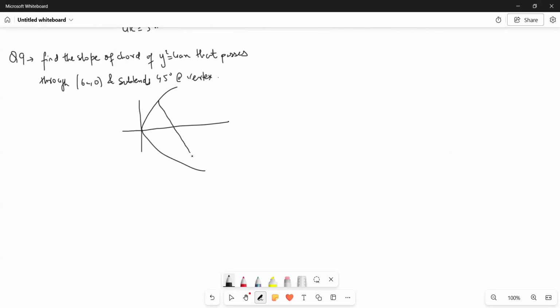So let's say we have a chord over here like this, AB, passes through the point 6a comma 0 and subtends an angle 45 degrees at the vertex. In that case, we have to find the slope of AB. Find the slope of AB.